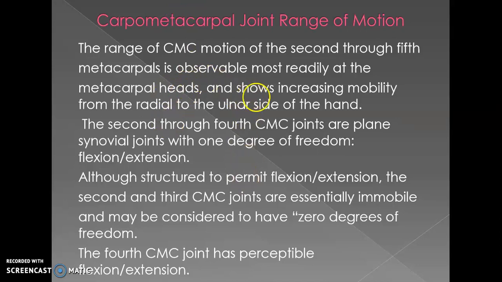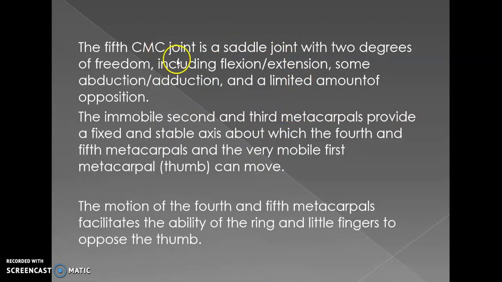The fourth CMC joint has perceptible flexion and extension. The fifth CMC joint is a saddle joint. It is not a plain joint, and that's why we are getting more movement at the fifth CMC joint. The other joints are of the plain variety.